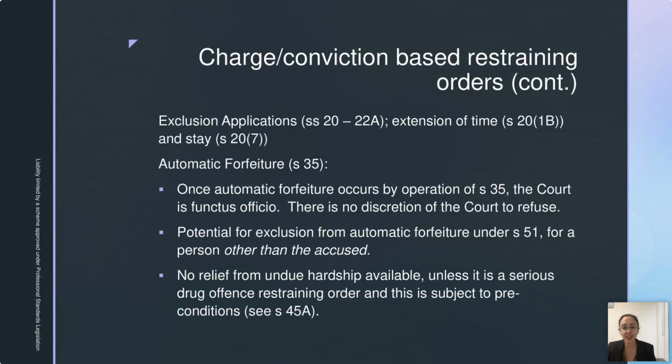Now that's different to exclusion from the restraining order, automatic forfeiture, exclusion from automatic forfeiture, but an accused cannot go down that pathway. Also, there's no undue hardship relief for automatic forfeiture, like there is for most of the other restraining orders.